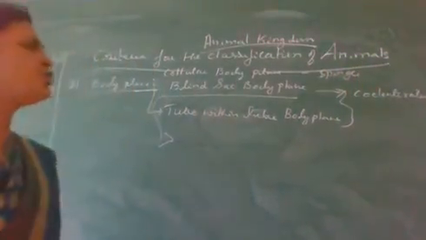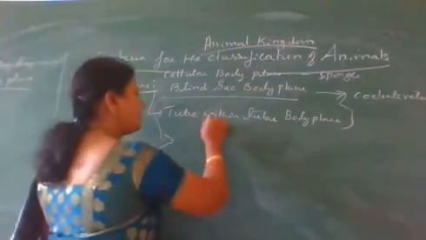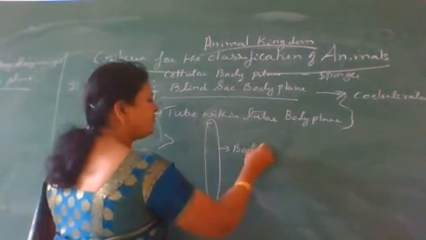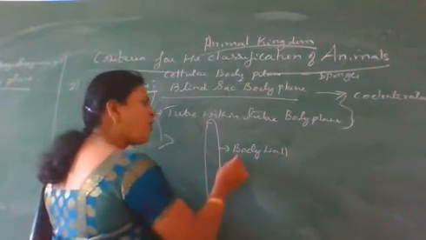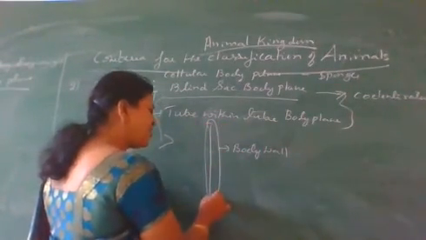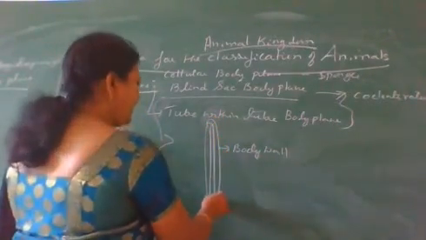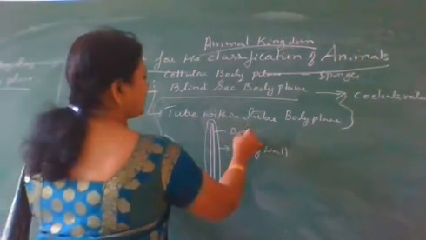Tube within tube body plane. Here the outer tube is formed by the body wall, and this encloses another tube, which is mainly the digestive tract.